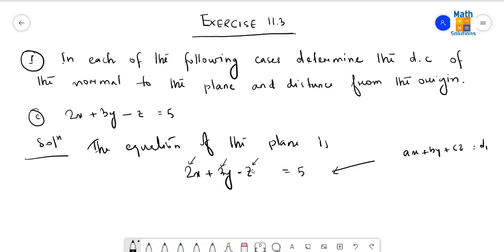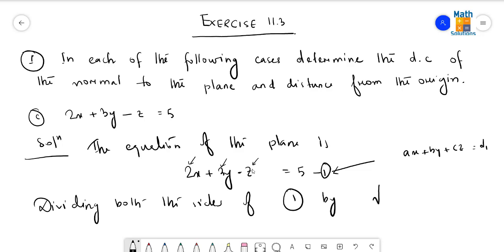So here we are going to do that, dividing both the sides of 1 by the square root of 2 square plus 3 square plus (-1) whole square. So what could be the result? Its result is root of 4 plus 9, it is 13, plus 1, it is 14.